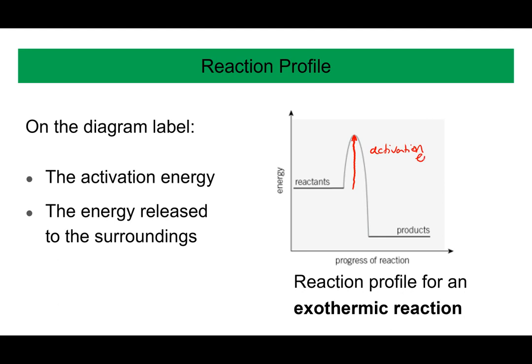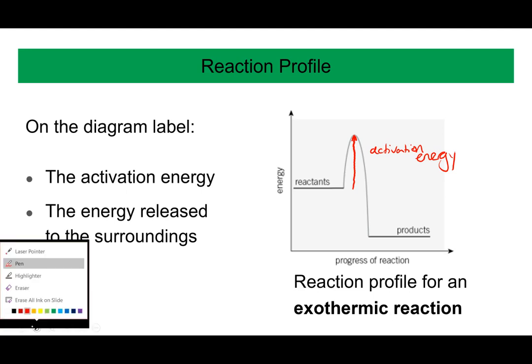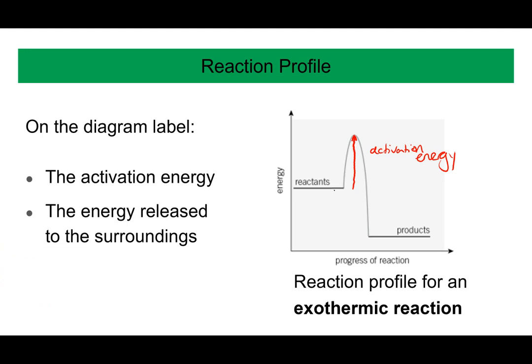It's the energy needed to put in and break all of those bonds in the reactants. The difference between the reactants line and the products line is the energy change. In this case, because it's exothermic, this is the energy that is being released to the surroundings.